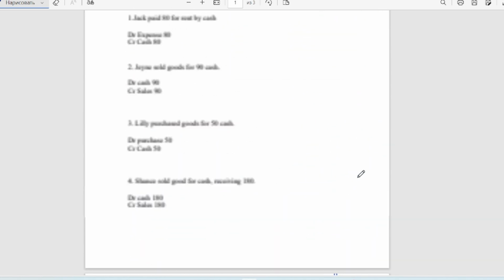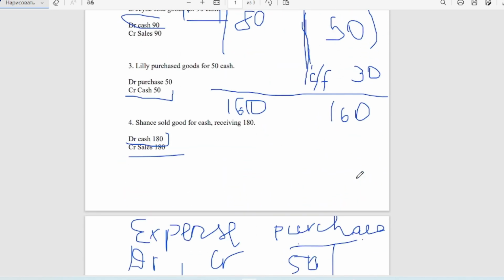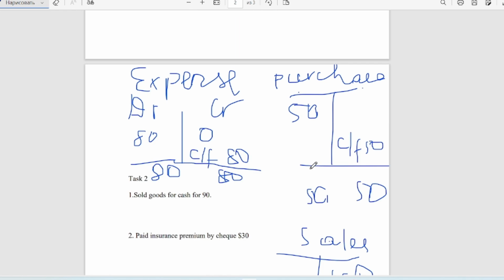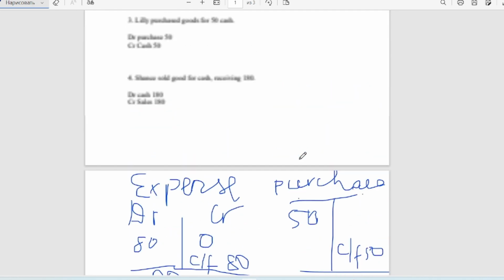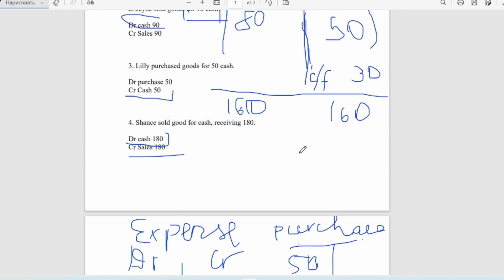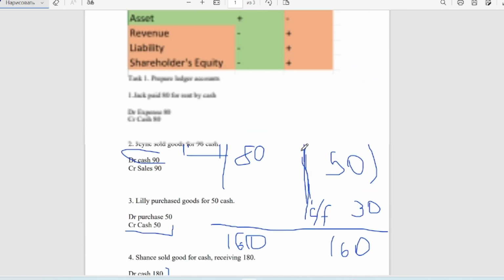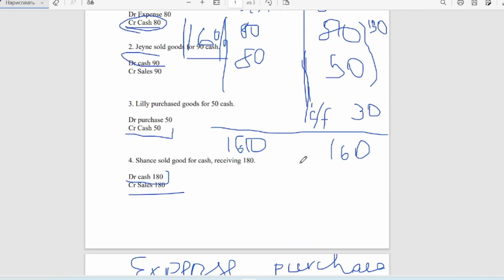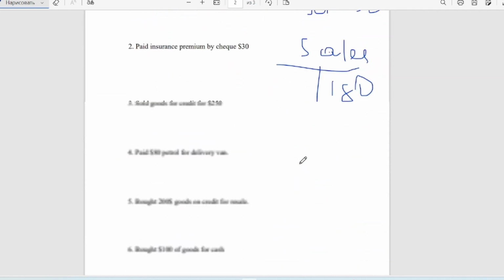So what we are going to do next will be working with these ledger accounts. It may seem a little bit confusing right now, but believe me, everything will be fine as long as you follow me and you watch the videos that I am publishing. So this was ledger accounts.